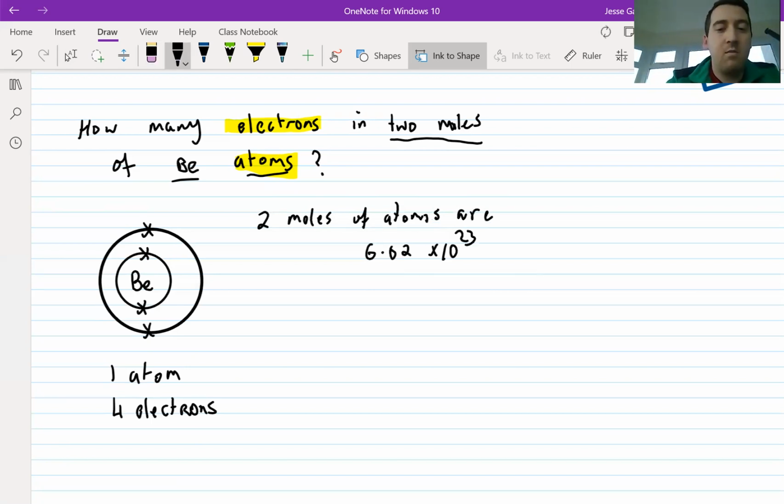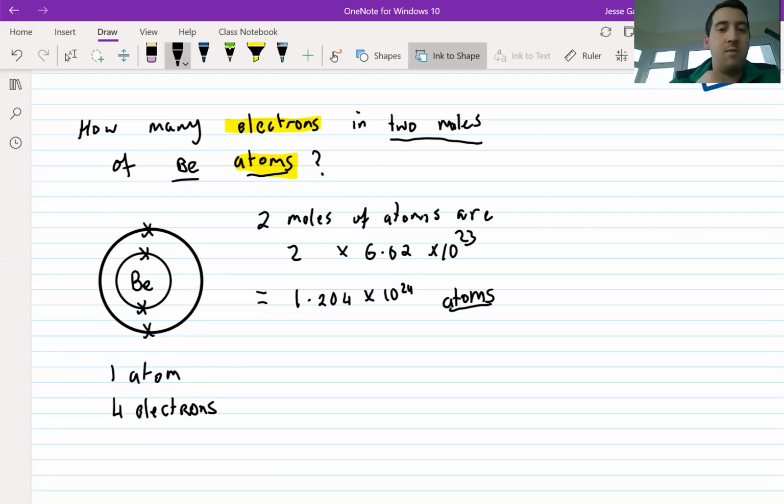And we need to multiply that by 2 to get 2 moles. This gives us 1.204 times 10 to the 24 atoms. So this is how many atoms we have when we've got 2 moles of atoms.